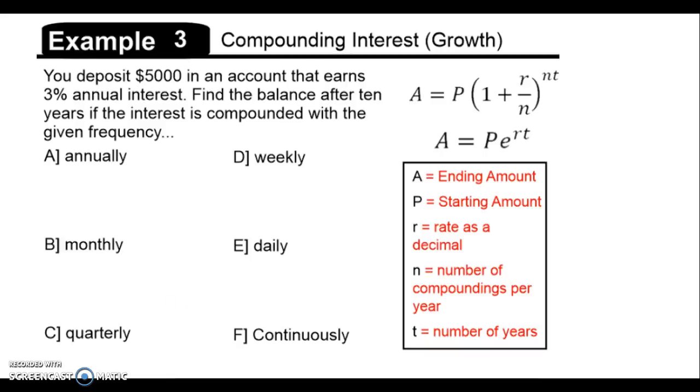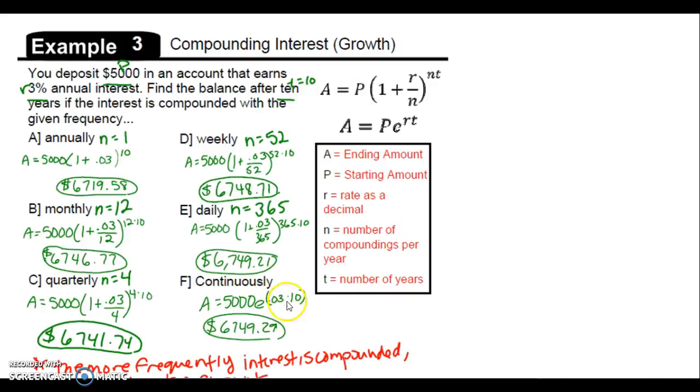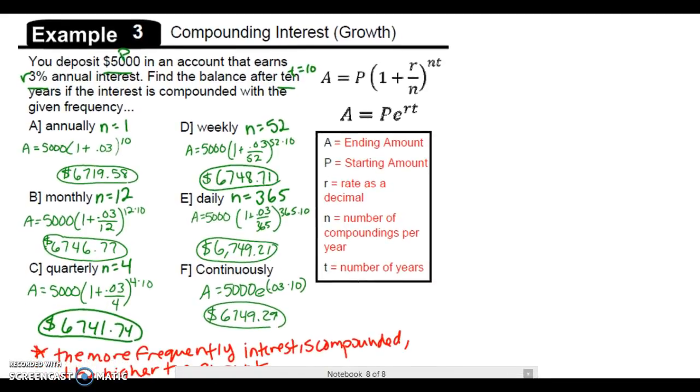All right. Hopefully you paused the video, took some time to come up with your answers, and now let's see how you did. So you should have noticed E and F, they're very close. E is actually considered the money number because that's what banks use to compound interest continuously.